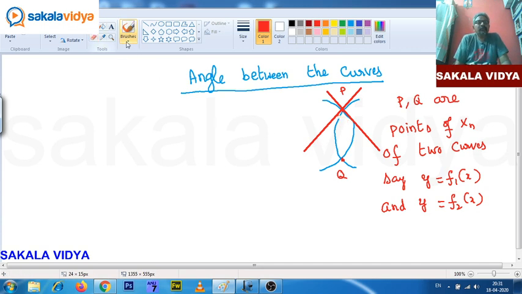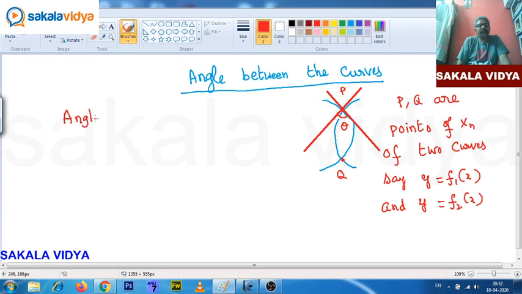Okay. Now, we can observe that there is an angle between these two curves, say theta, but these two are the tangents. That means the angle between the tangents drawn at the points of intersection of the curves is called angle between the curves. So, what is the angle between the curves?